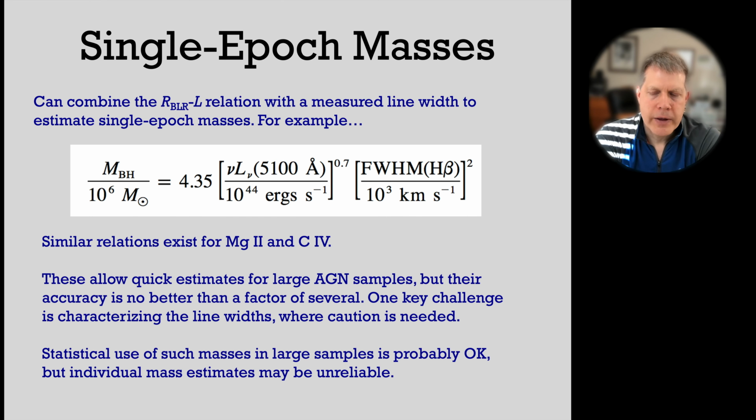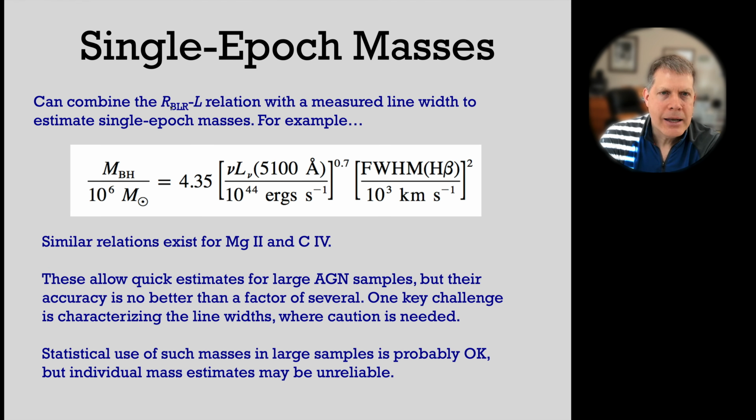Now, a couple more things to say. So once you've done this reverberation mapping technique, and if you indeed believe that the material making the lines is virialized, well, then you can try to take this another step forward. And this gets to be a little perilous, but people often do it.